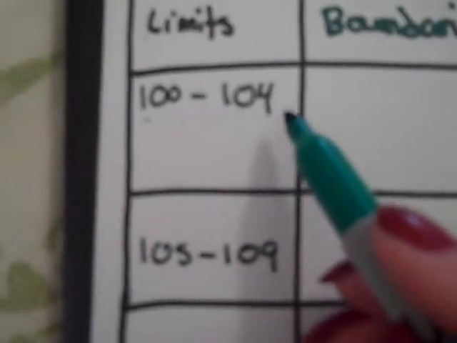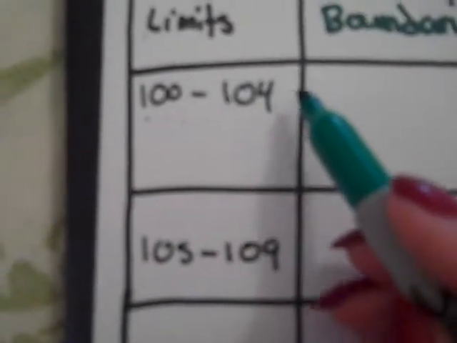Now for class boundaries. Class boundaries are used to make sure that there are no gaps. As you can see, there's a 1-digit gap between 104 and 105. So if I happen to have a decimal in the data set, then I could have 104.1 and it would go nowhere. So the class boundary is to prevent that from happening.